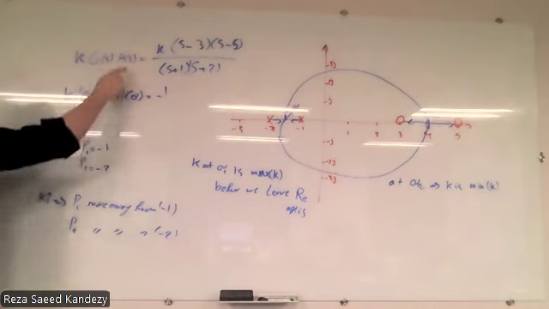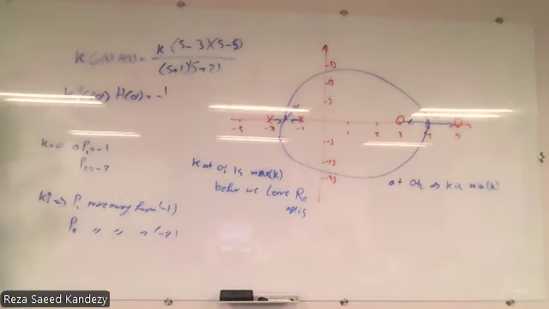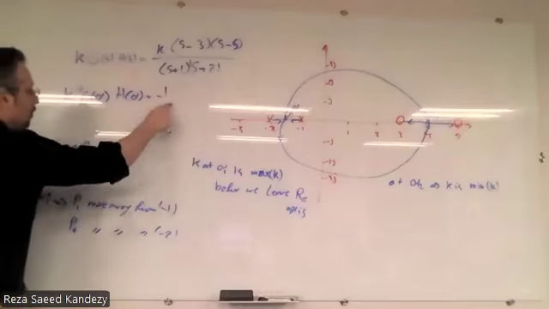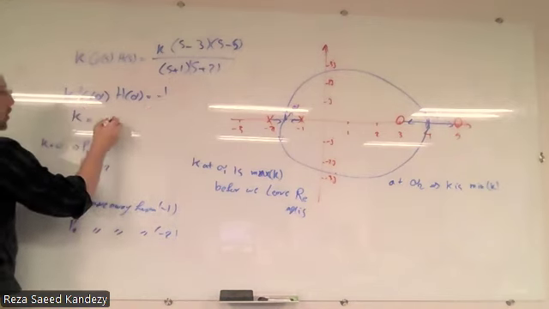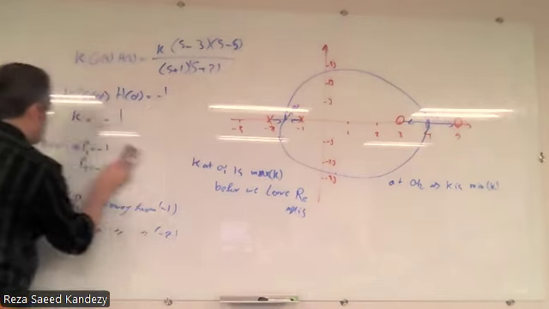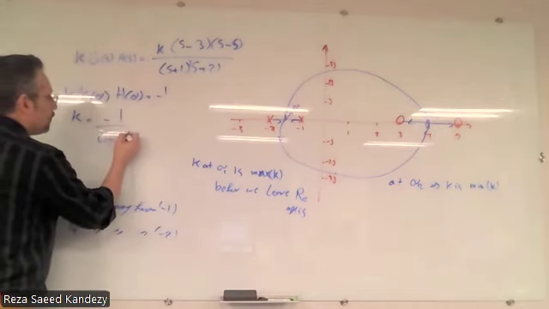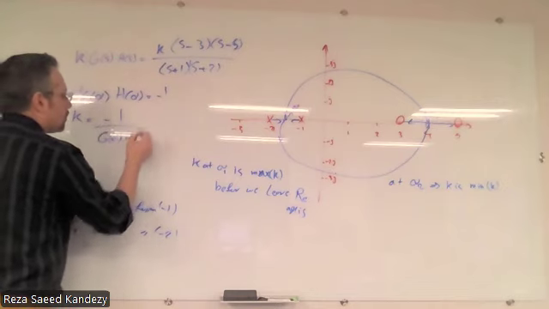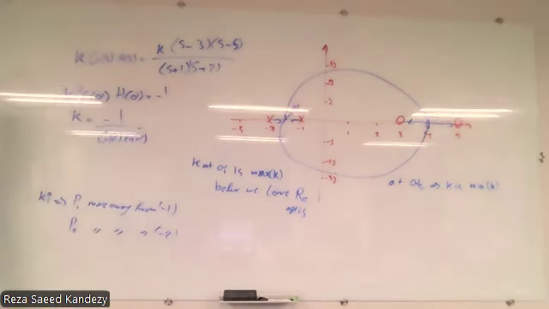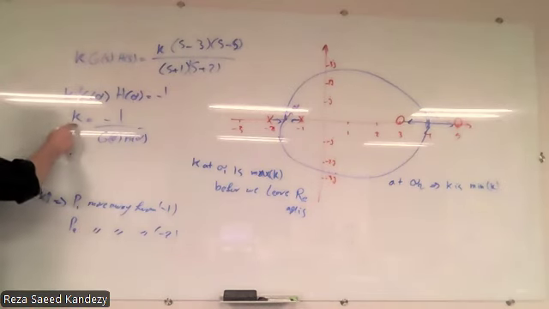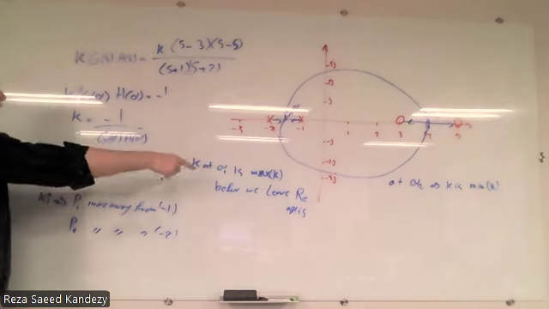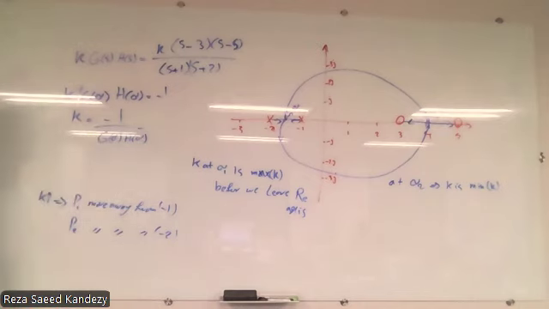Do you remember these poles are the poles of 1 plus KGH? So KGH should be equal to minus 1. Now, K is minus 1 over G of delta, H of delta. Very simple. So now I have the function that describes K based on those deltas. You can also put S, it doesn't matter how you name it.